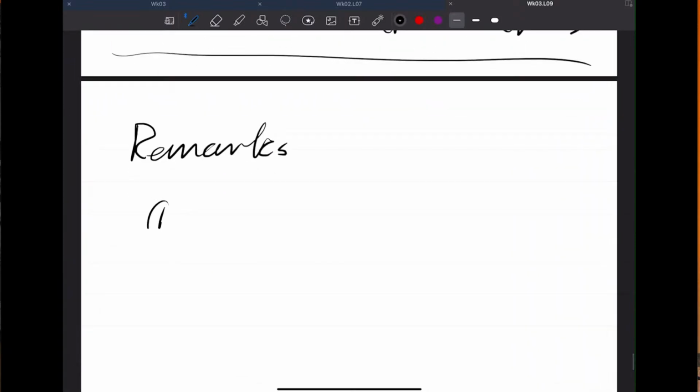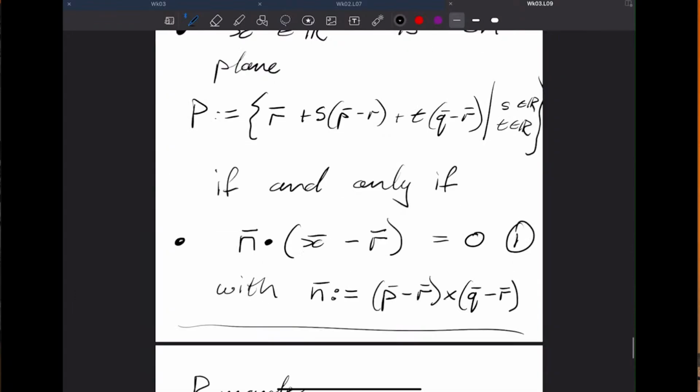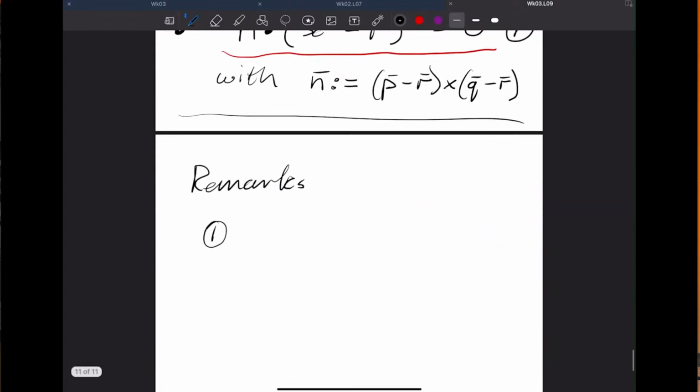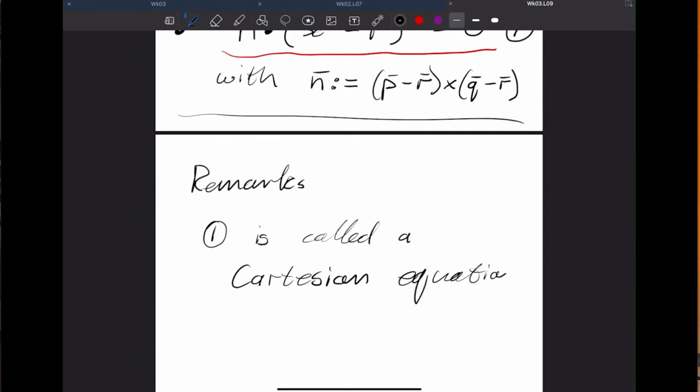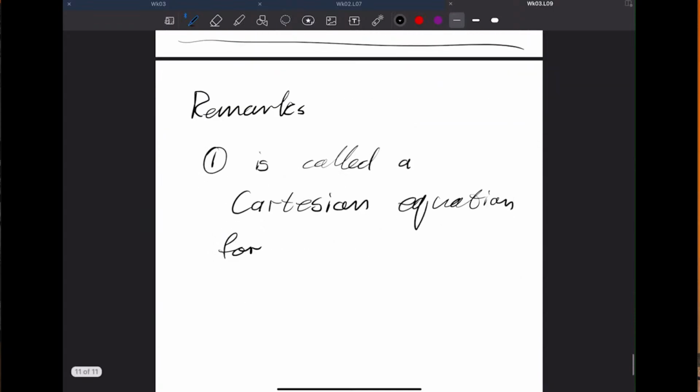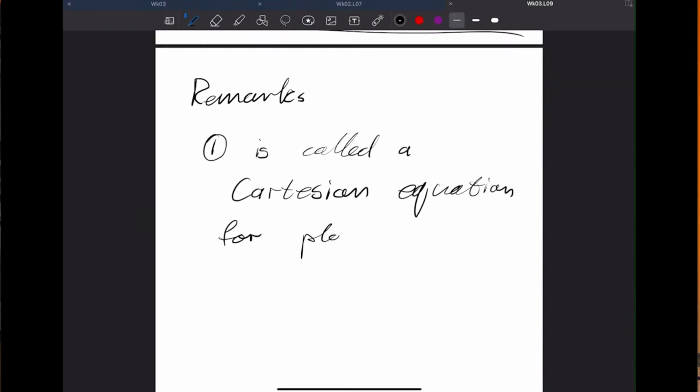So this equation number 1 that we have here, this equation underlined in red here, that equation is called a Cartesian equation for the plane P. Okay.